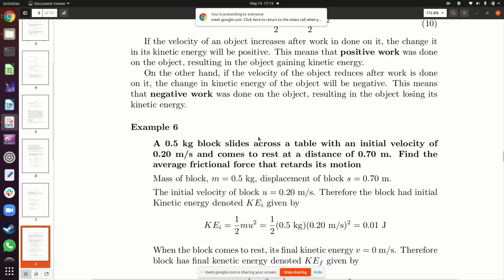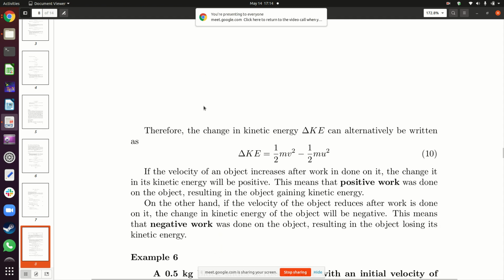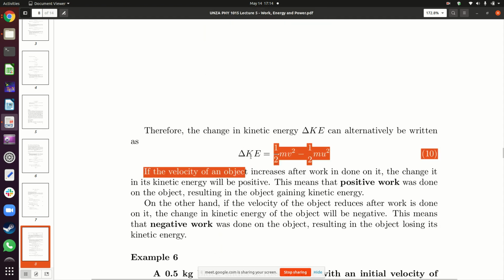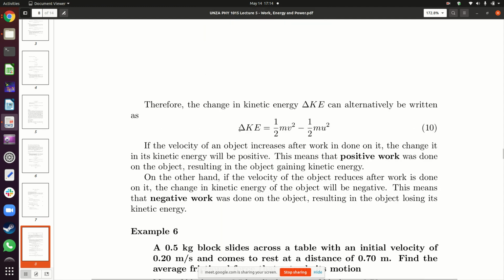Of course, again, you can have a change in kinetic energy that is negative. If the change in kinetic energy is negative, it means that the final velocity is less than the initial velocity, and this particular object lost energy. The way objects lose energy is if you have a force like friction performing negative work.